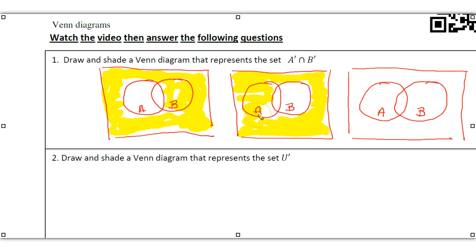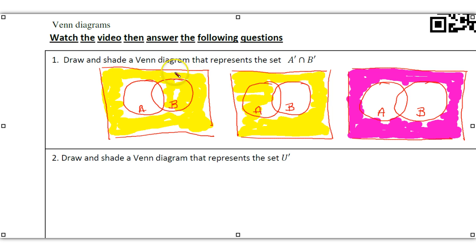Now, if I were to superimpose these two pictures, then what would be the intersection of A complement with B complement? So here the shaded area is A complement.